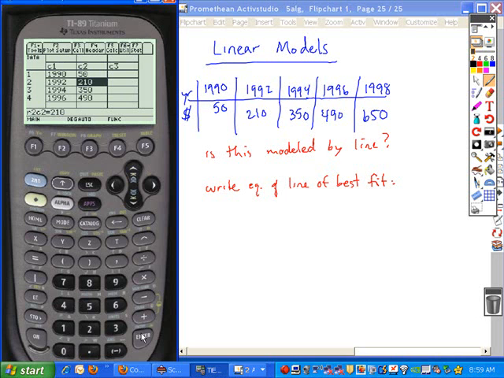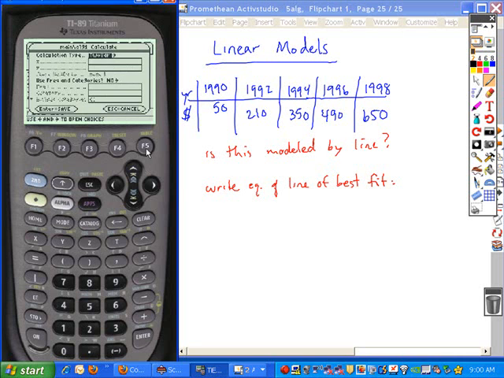Okay. And then what would we do to find our line of best fit for this? The F5 Calculate tab. Choose linear regression number 5. C1 and C2 as our X and Y's.